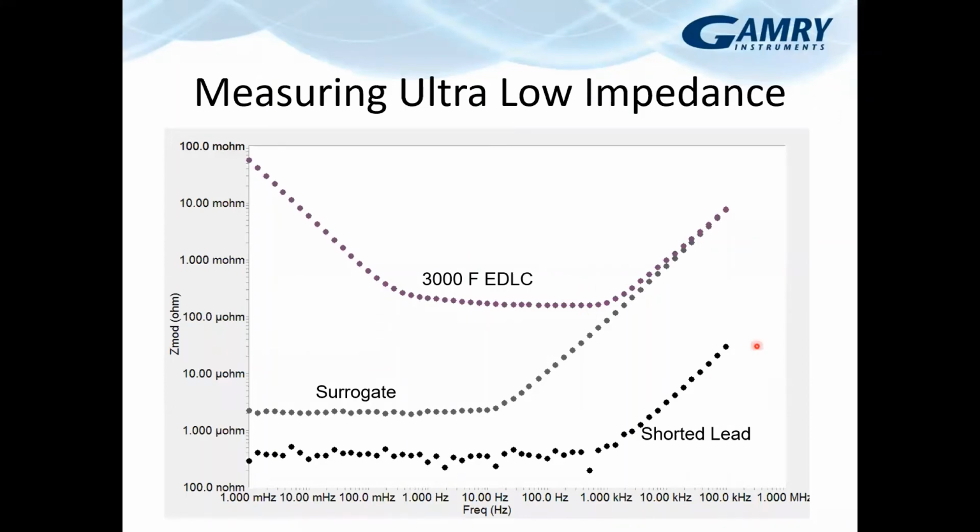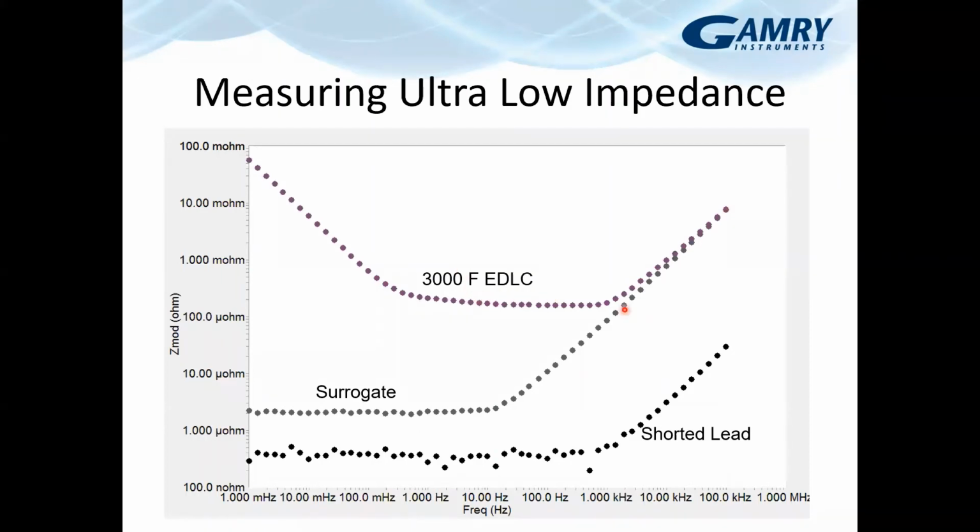There's a lot more inductance here. What the surrogate does is it configures our cables and setup in the exact same way as the actual cell that we were testing. And what you can see in this case is the inductance in the surrogate lines up on top of the inductance that we see in the capacitor by itself.